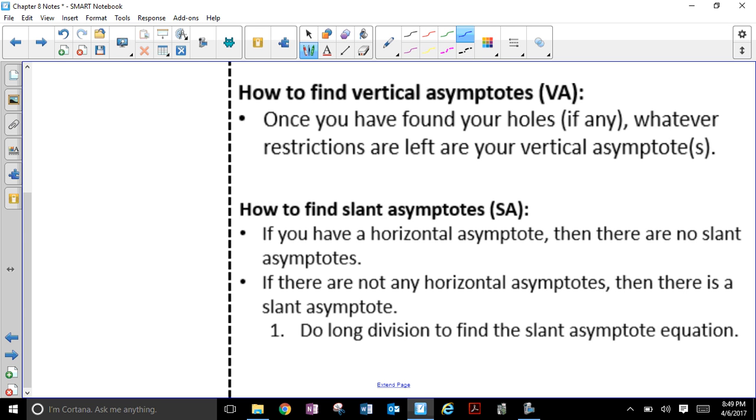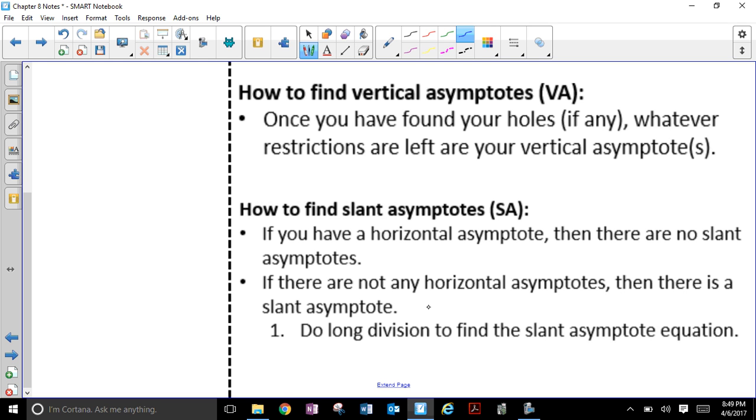Because slant asymptotes happen when you have a higher degree on top than on bottom. And remember, that's when no horizontal asymptote occurs. So if there is a horizontal asymptote, then you're done. You could say there's no slant asymptote.